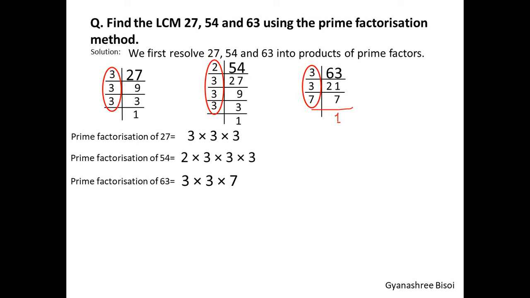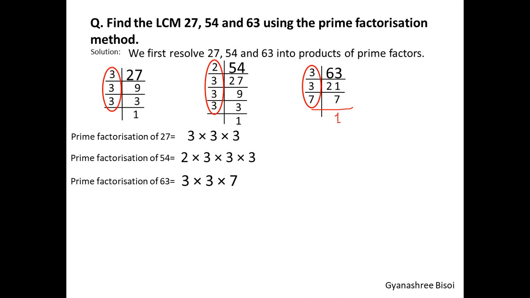Please focus. The next step is to find the common factors in the prime factorization of the 3 given numbers, right? We have written the prime factorization of the 3 given numbers.